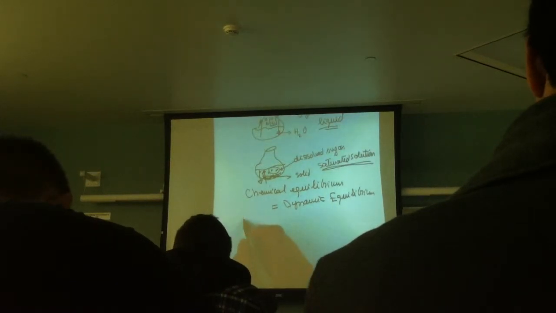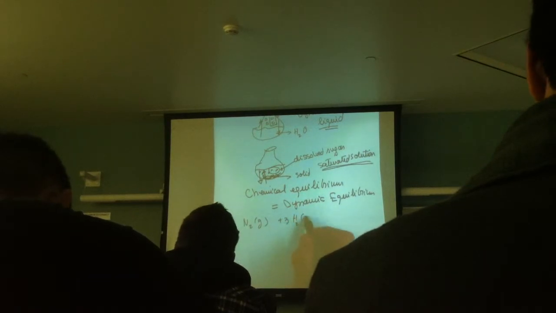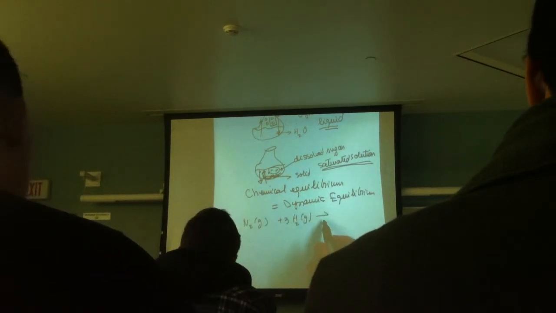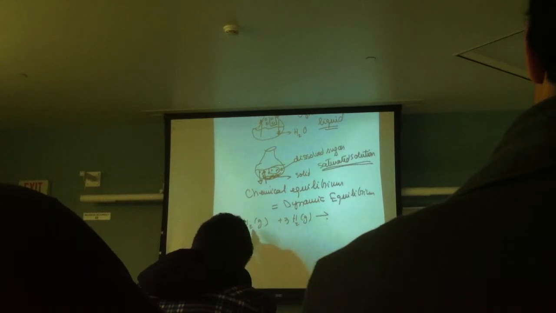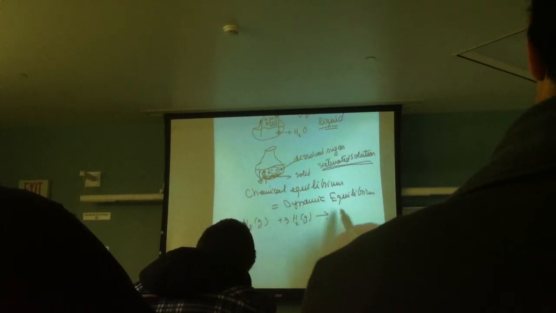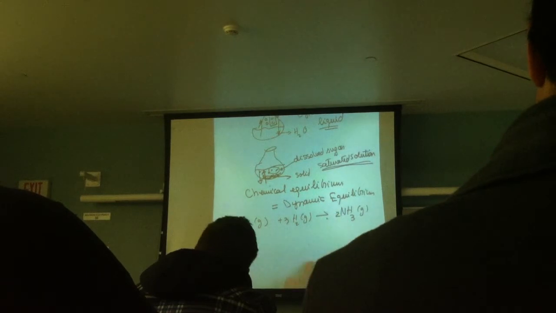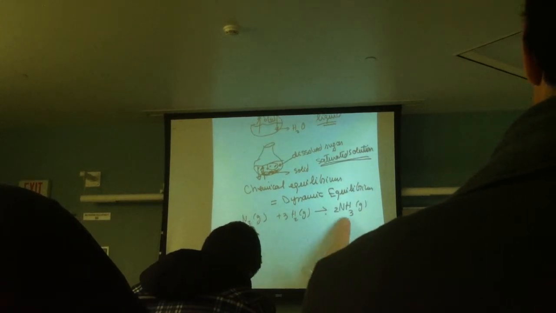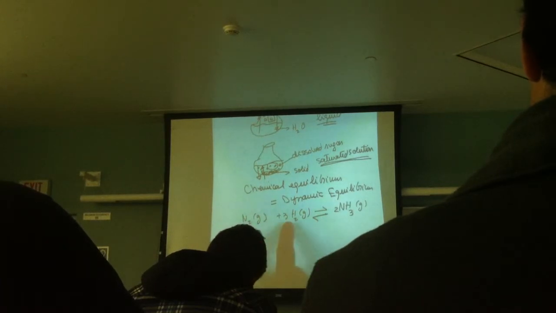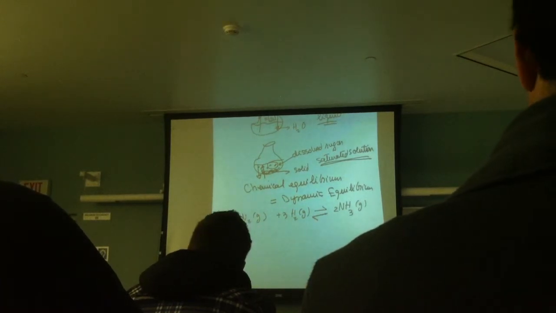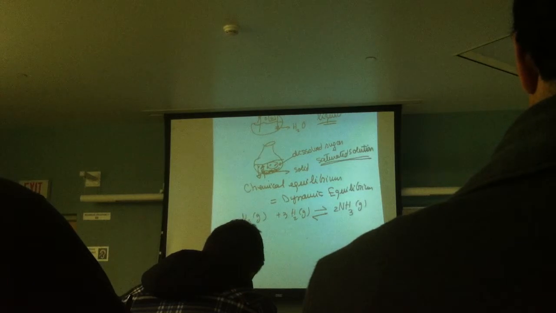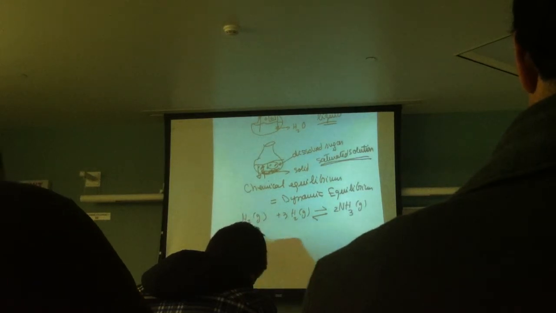You put nitrogen gas, you mix it with hydrogen gas. They react a little bit and form ammonia. But guess what? The ammonia is not very stable. It decomposes back into nitrogen and hydrogen. You see that? The reaction does not go to completion.